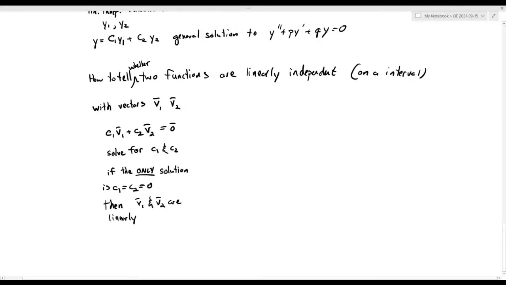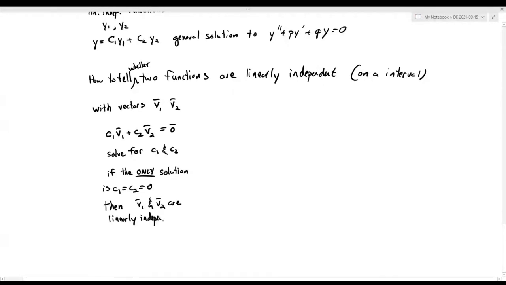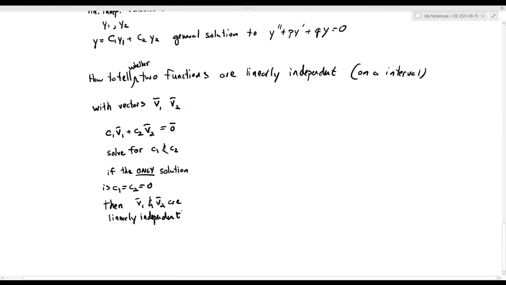Again, just to be clear, you can use this procedure for more than two vectors. So otherwise, if we find some other solution for C1 and C2 where at least one of them is non-zero, then we know that the vectors are linearly dependent.